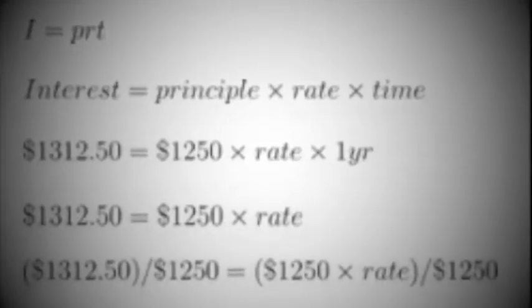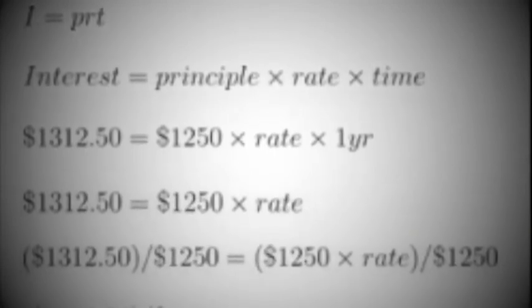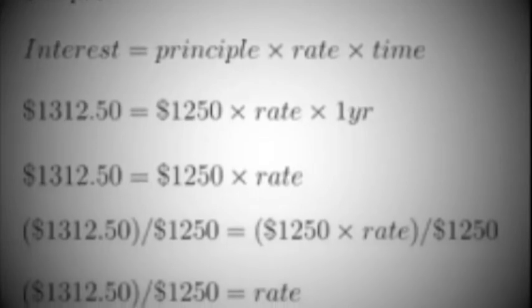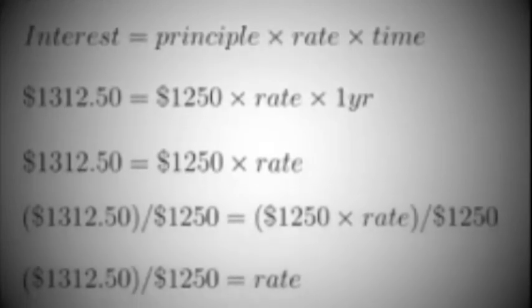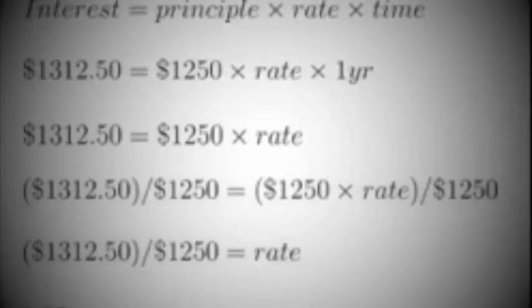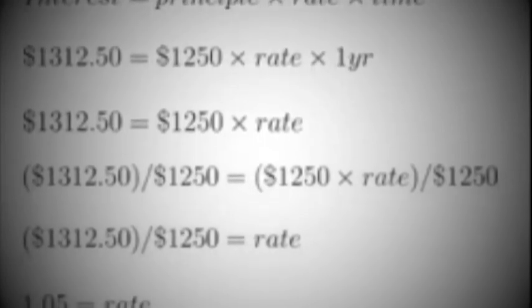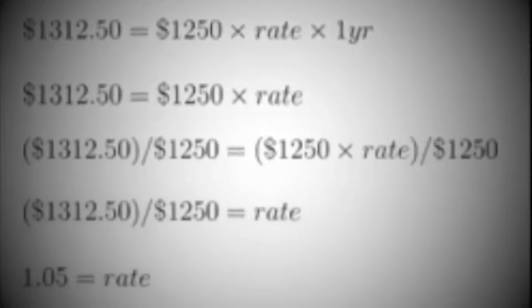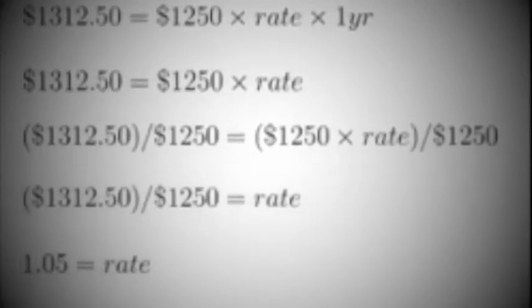So using that formula, we can place $1,312.50 in I. $1,250 can be placed in P, and a year can be inserted in the time slot because Vicky checks her account after a year. Now, we solve the problem for R, or rate.